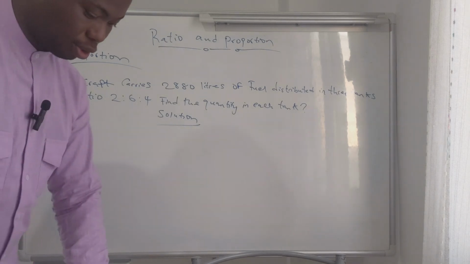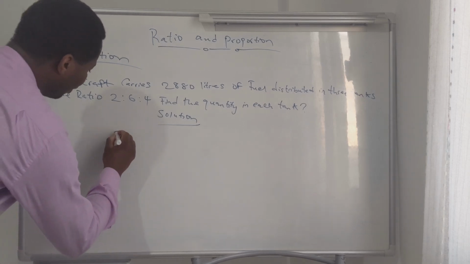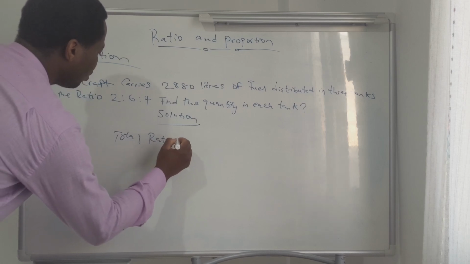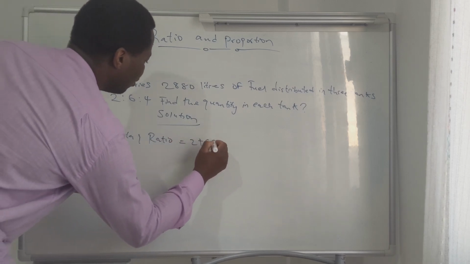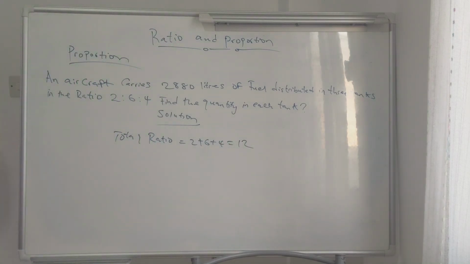Now we can use our second method. The second method is very straightforward, so we just go straight to the point. The total ratio is equal to 2 plus 6 plus 4, which is equal to 12. So now I've gotten the total ratio.